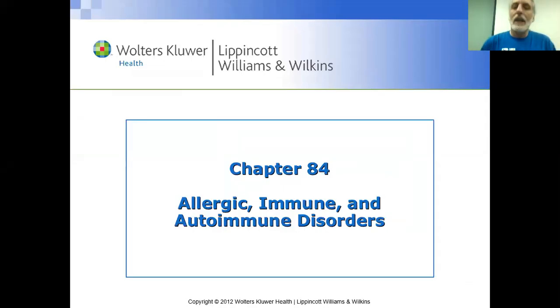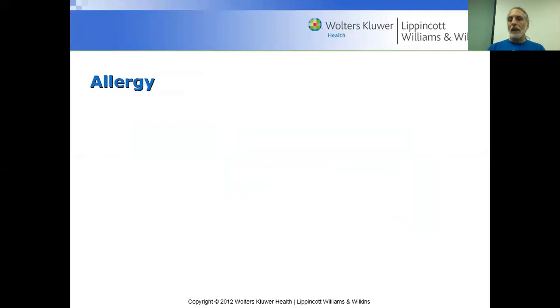Yay. Chapter 84, Allergic, Immune, and Autoimmune Disorders. What is an allergy? An allergy is an immune response. That is your body reacting to a foreign invader, if you will.